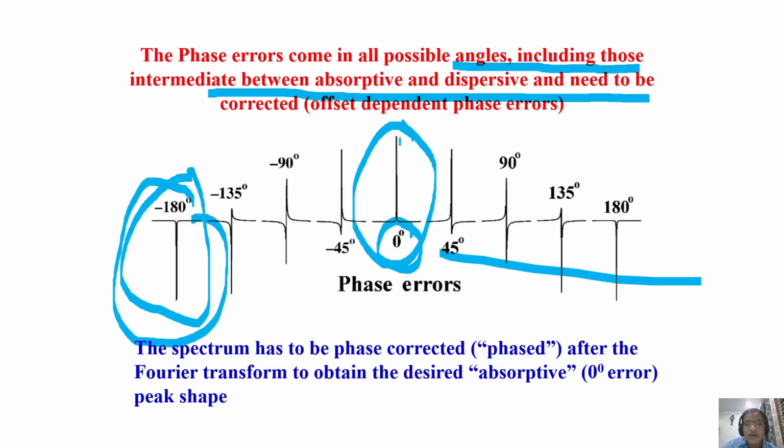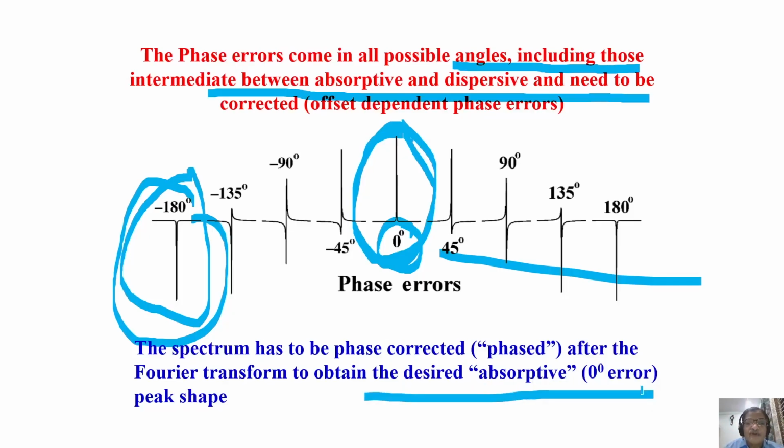In which case, you will get a pure absorptive spectrum like this, without any phase error. So what phase correction means is that you are going to ensure that the real and imaginary parts of the signal have an exact phase difference of 90 degrees. That is all there is to phase correction.